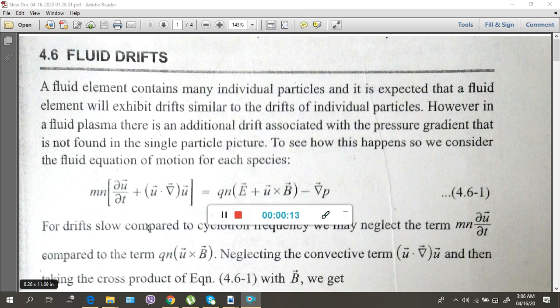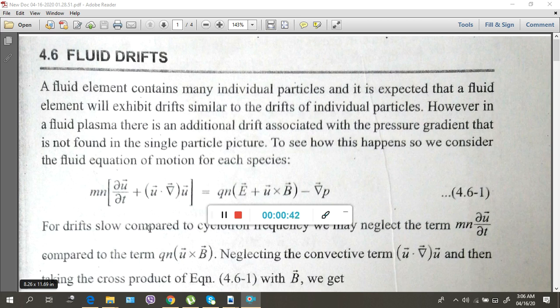Basically, this chapter is about fluids, and we know that when we have fluids, we have all the charges. That is, we have ions, we have electrons, and we have neutral particles. So a fluid element contains many individual particles, and it is expected that a fluid element will exhibit drifts similar to the drift of individual particles.